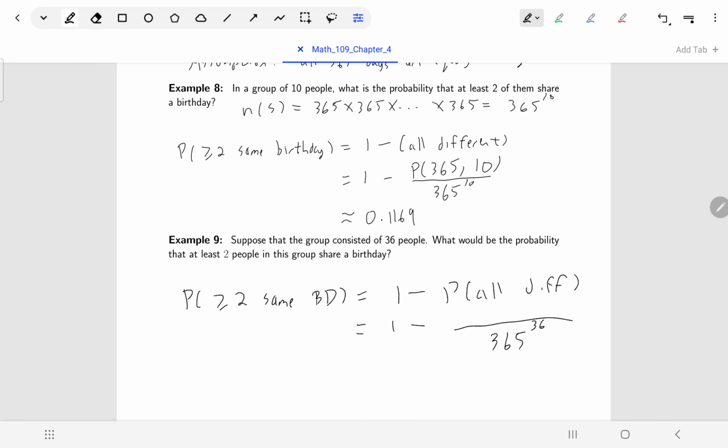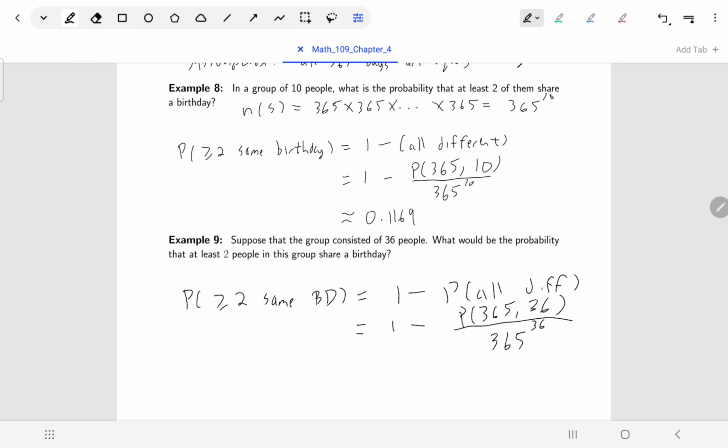So our sample space should be 365 multiplied by itself 36 times. And then for the numerator, for everything to be different, we don't just need 10 different birthdays, we need 36 birthdays. So P365 36.